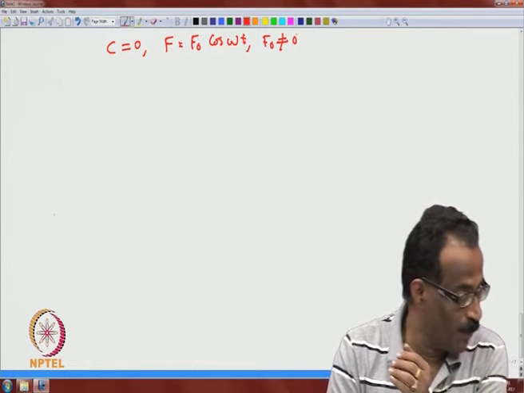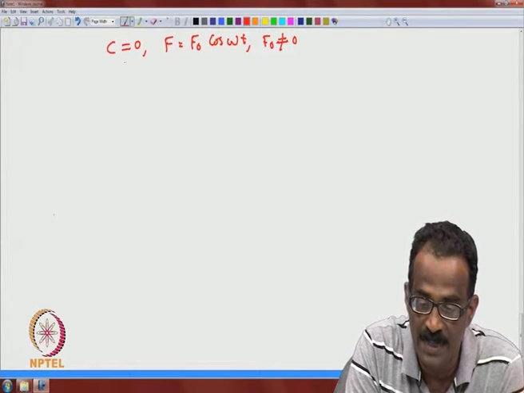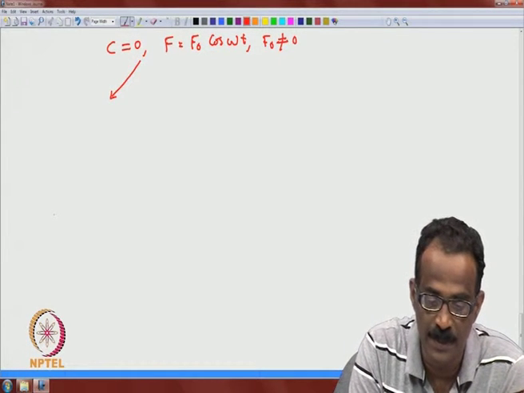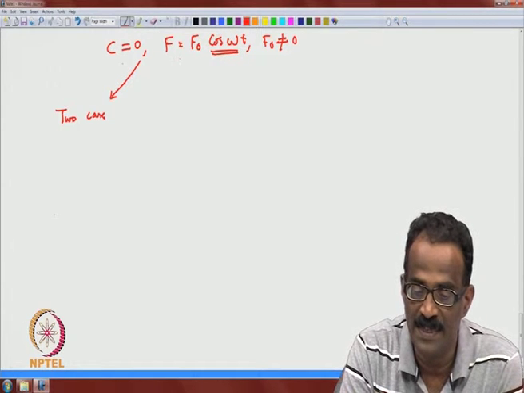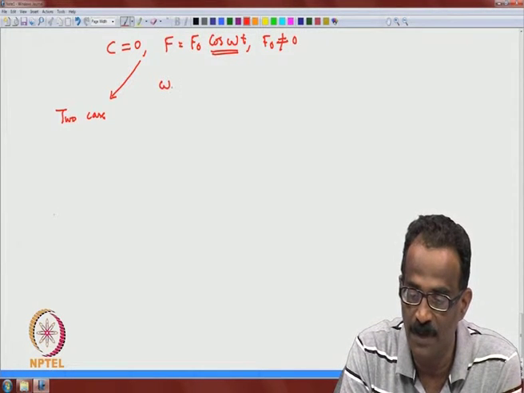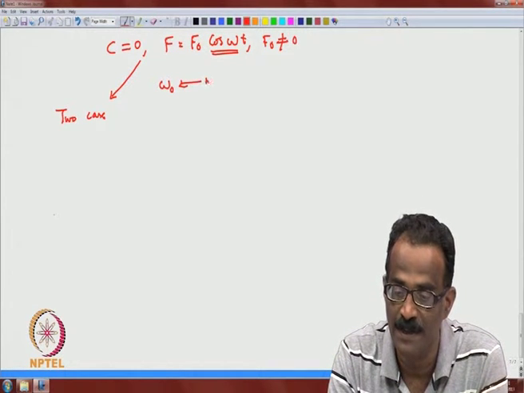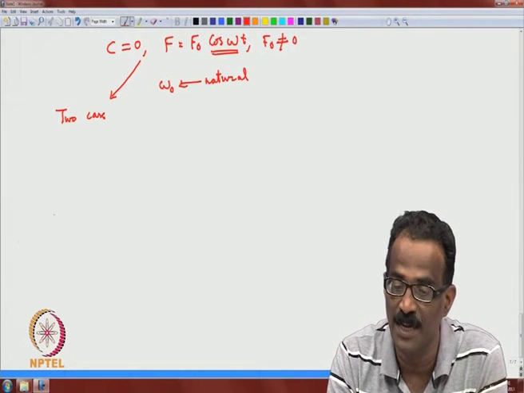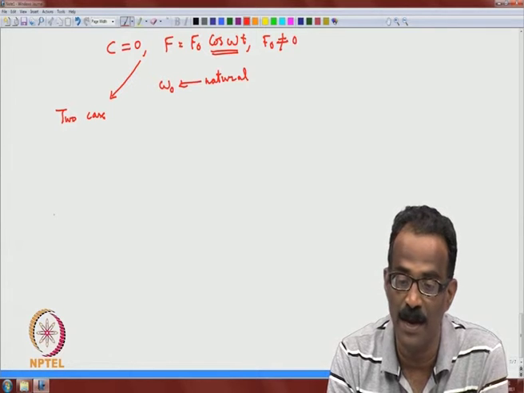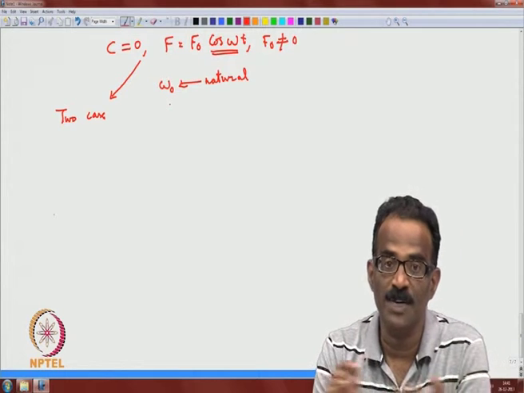When C equal to 0 this reduces to two cases, because when C equal to 0 there is a natural frequency omega naught. If the omega happens to be a solution of the homogeneous equation, then the solution will differ.